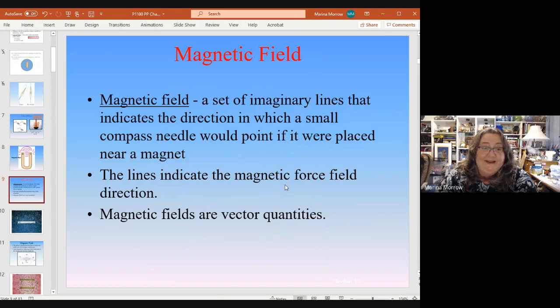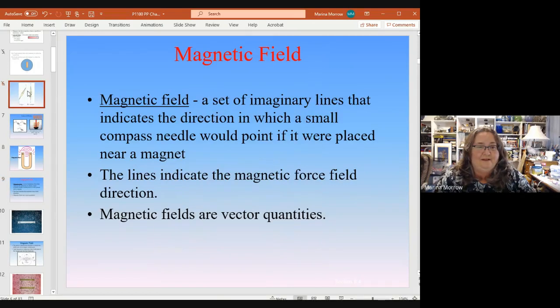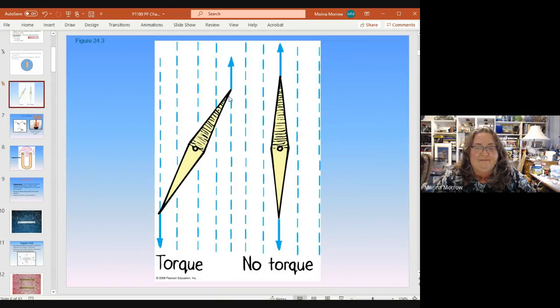Okay, and so the compass needle is being pushed around by the magnetic field. So it lines up with it. So there's a force on the compass needle, and that applies a torque, right? A force times a lever arm. And so it tends to create alignment between the needle and the magnetic field.